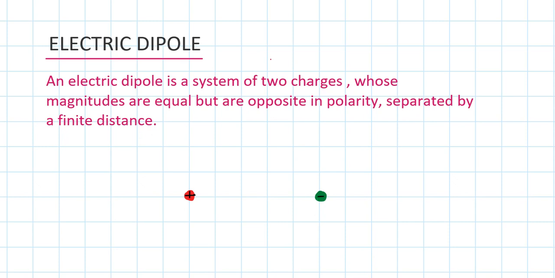So, this could mean that one of these charges will be an arbitrary plus q, and the other one will be an arbitrary minus q, where the magnitudes are the same, but as you can see, they are of opposite polarities.